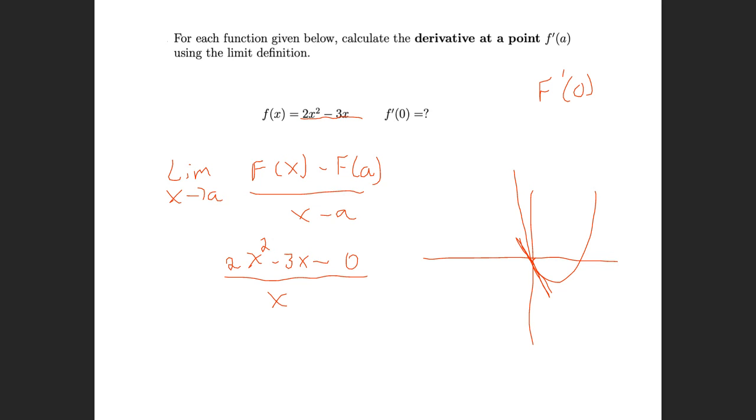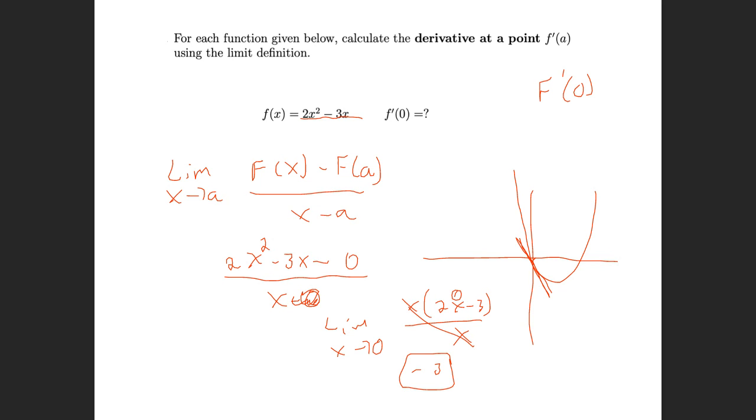So that's x minus 0, or just x. You don't even have to do that. Now I'm going to factor out an x on top. That gives me 2x minus 3 over x. Those x's cross off. This is the limit as x approaches 0. If I put 0 in here for x, I'm left with negative 3.